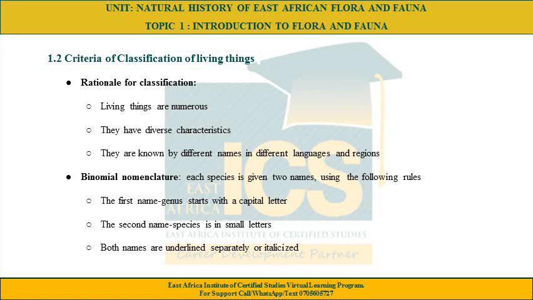The first name, which refers to the genus, starts with a capital letter. Then the second name, which names the species, is in small letters. Both names are underlined separately or italicized. So that is the basic way of describing or classifying living things.